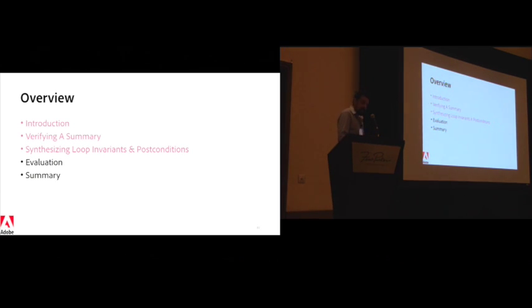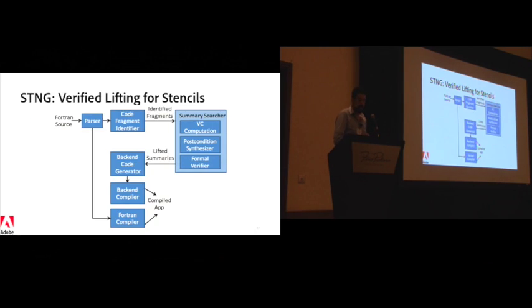So in order to talk a bit about evaluation, I'm going to describe the system that we actually built. The system we built is called Sting, and what we try to do is end-to-end transform arbitrary stencils in Fortran into optimized domain-specific language code. So in order to do that, we have a parser that's built on the Rose framework, which identifies potential fragments that could be stencils.